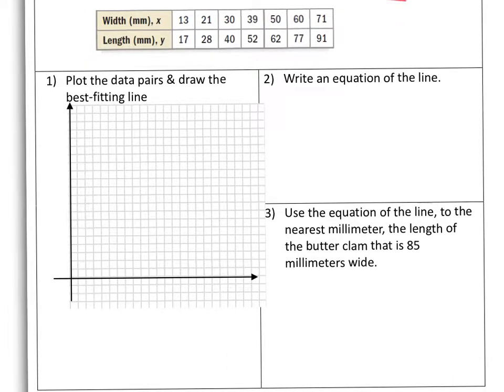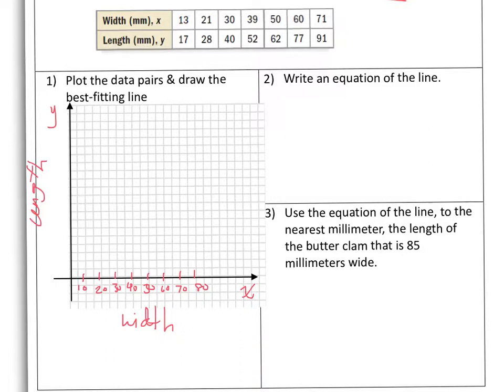I'm going to let my x be the width and my y be the length of the clam. And I'm going to use increments of 10. So 10, 20, 30, 40, 50, 60, 70, 80.